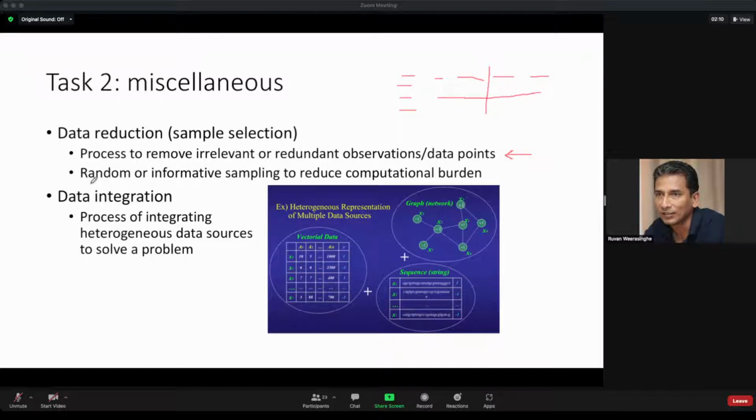And then, of course, we can do other things like random sampling or informative sampling, right? Informative sampling is related to the idea of something called active learning. When we have a data set, I'm now showing the data set as a space, so we have data all over like this.